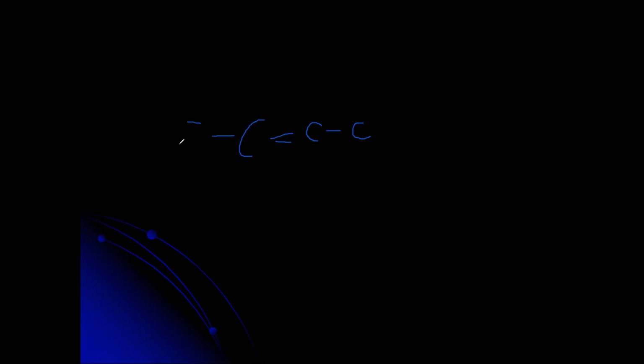But if we were to make this a 4-carbon structure, this is the same no matter which way you start numbering, 1, 2, 1, 2, but it's 2-butene, because we could also have a 1-butene, or 1-butene.